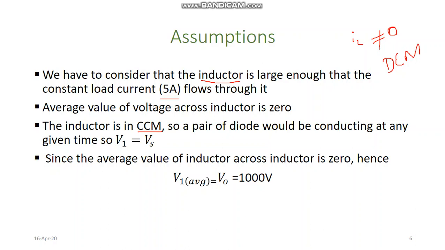So basically, when we say we have a large enough inductor, the ripple over the load current is not such that the current passing through the inductor at any instant goes to 0, so it is in continuous conduction mode. If the ripple from that inductor is huge enough that the current becomes 0, that will be discontinuous conduction mode.